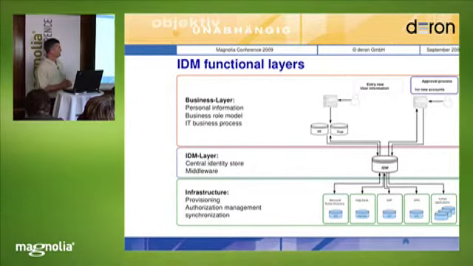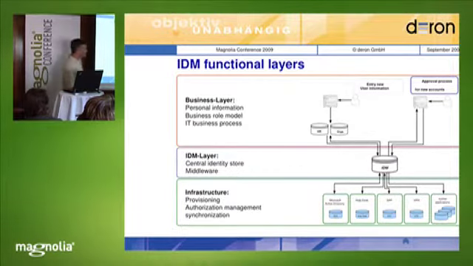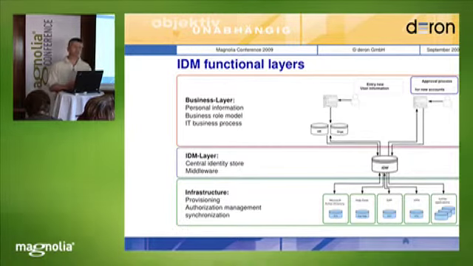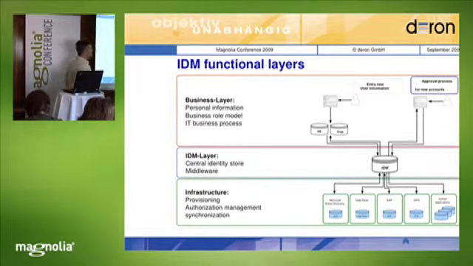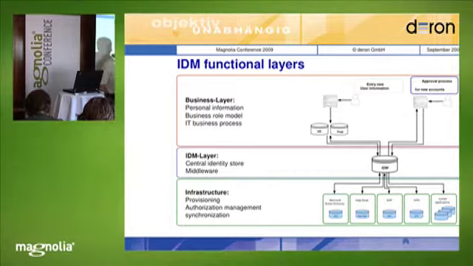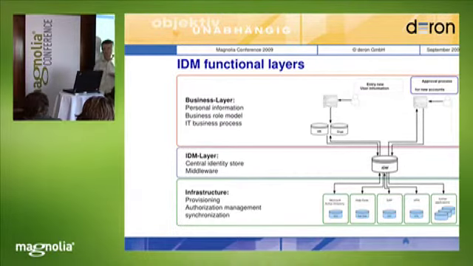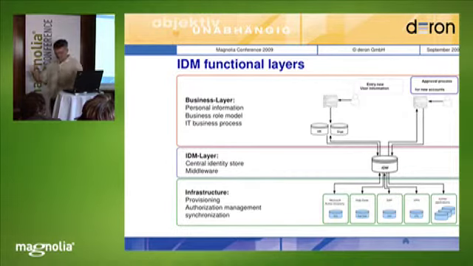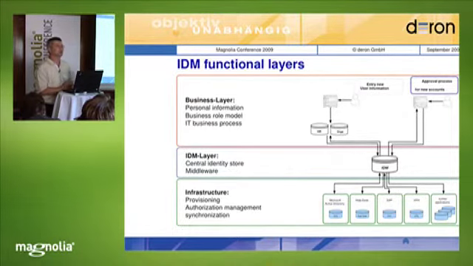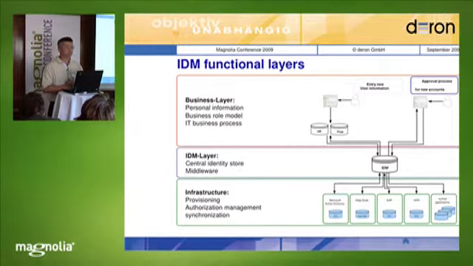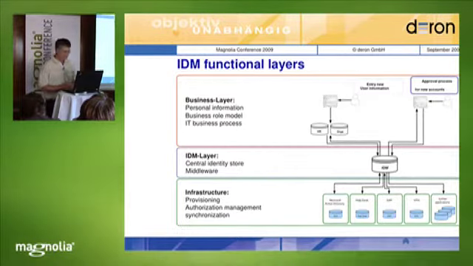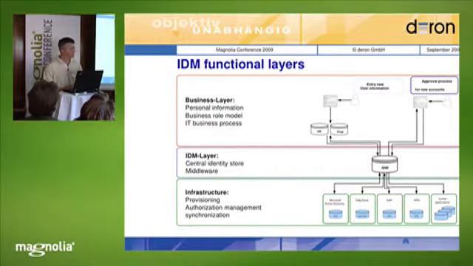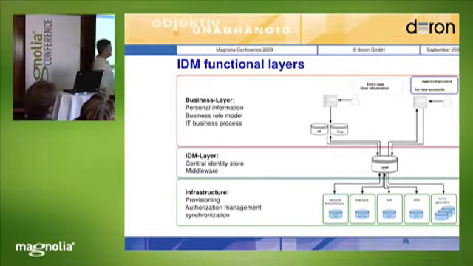But for example, let's think about Magnolia. If you need access to the author instance as an editor, typically this is not an automatic process, but you start with an approval process. So you have somebody who says, okay, this guy needs access to Magnolia, and you provide a web form where he can send this application. This goes to the identity management.